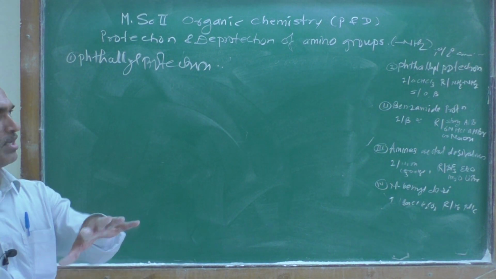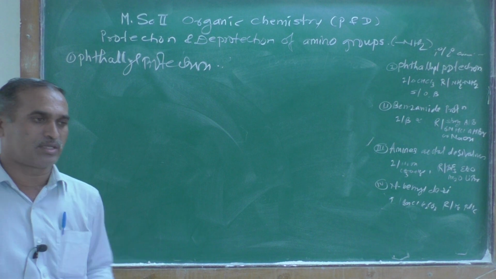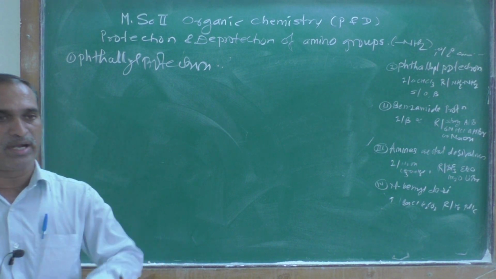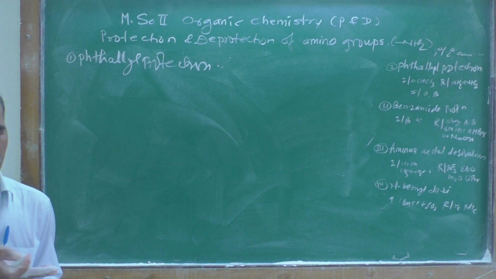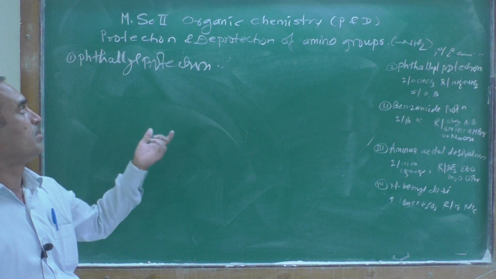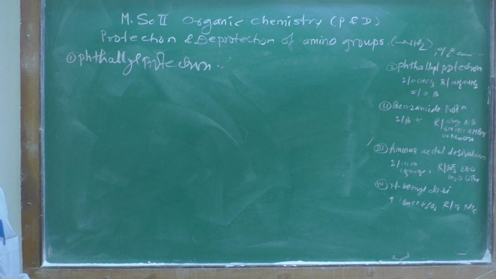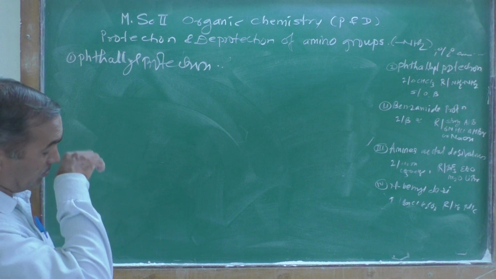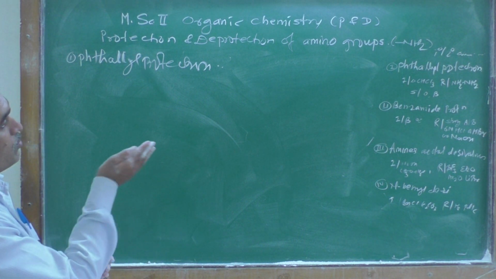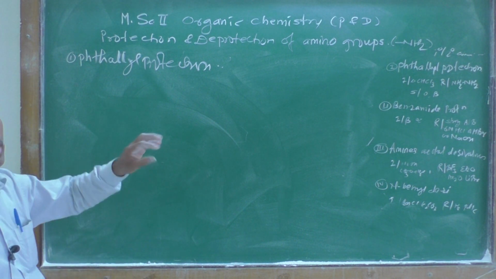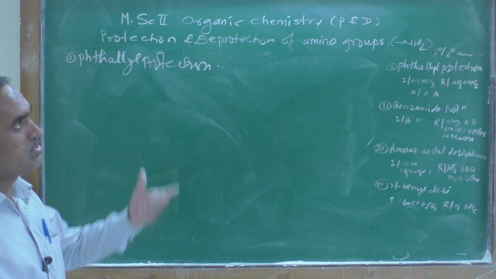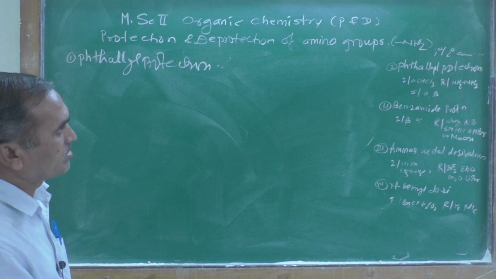Here I am just giving you how that protection is carried out and how deprotection is carried out by using some special groups which can protect primary as well as secondary amines.